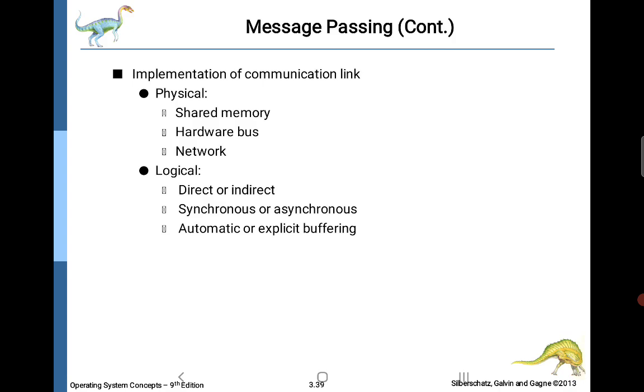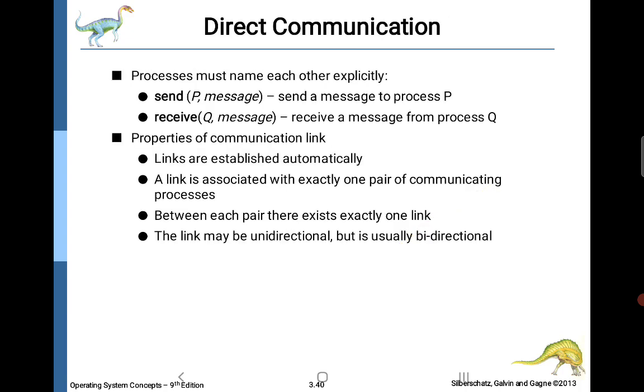You just send it, and the other party will read it whenever they read it. Is it automatic or explicit buffering? The buffering, does it happen automatically or explicitly? So let us look into each and every one of these.